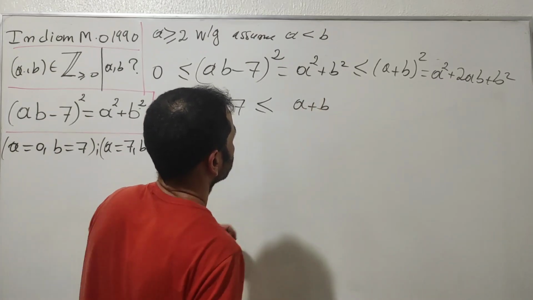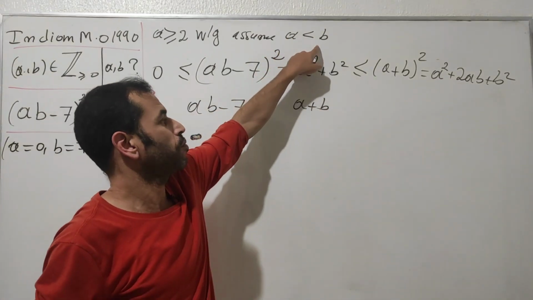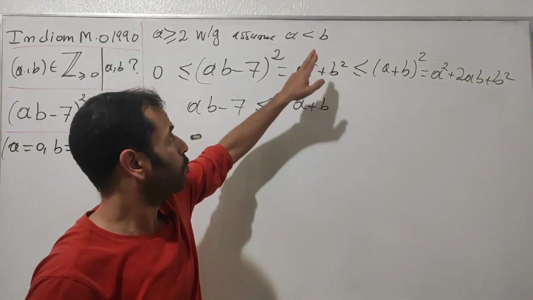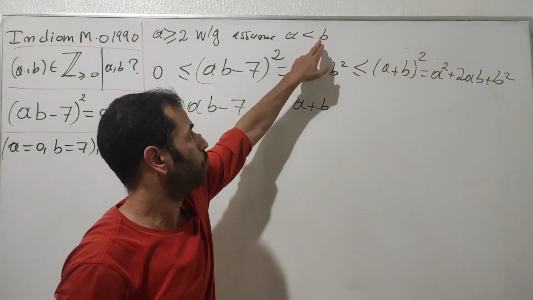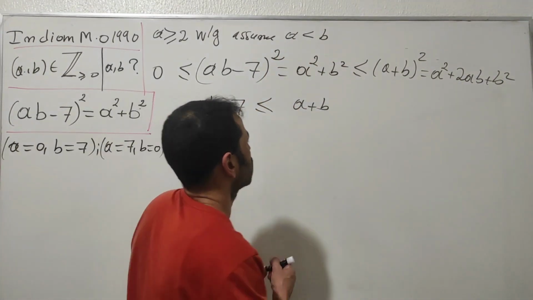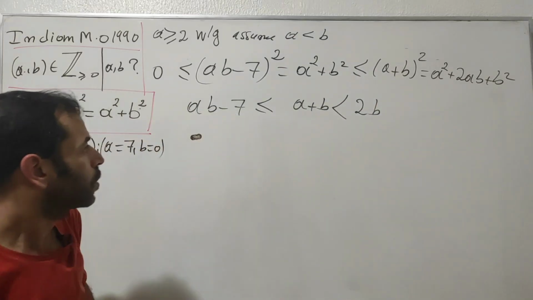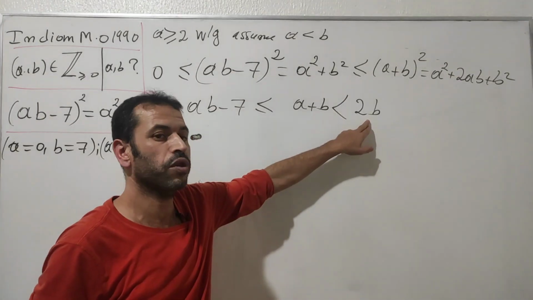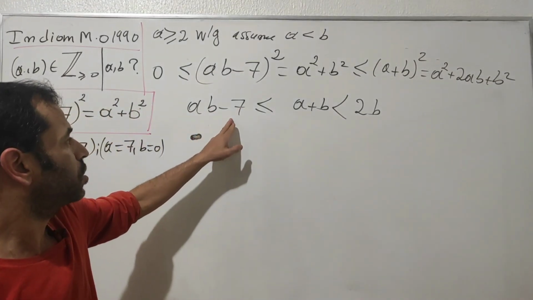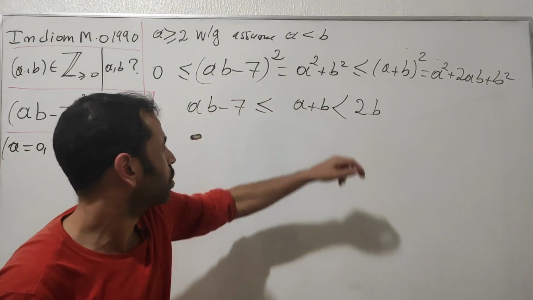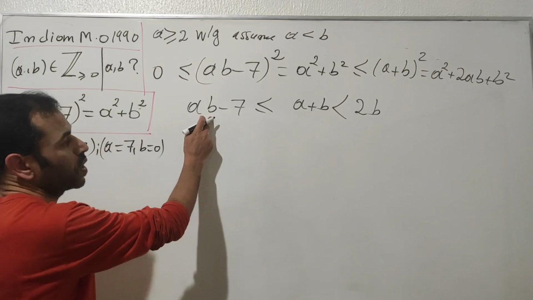Don't forget we have a strictly less than b. If I add b on both sides, this is strictly less than 2b. Then I move the 2b to the left side and bring the number 7 to the right, taking b as a common factor.